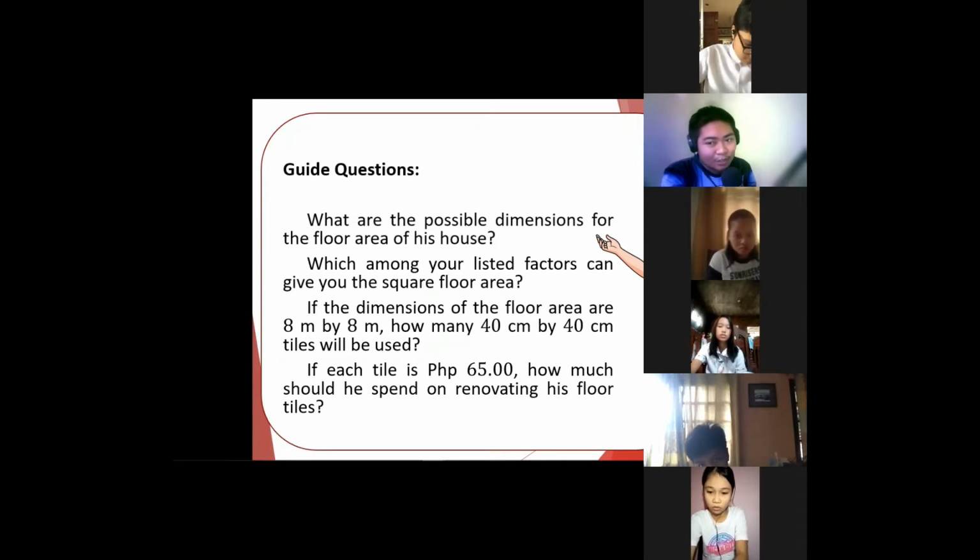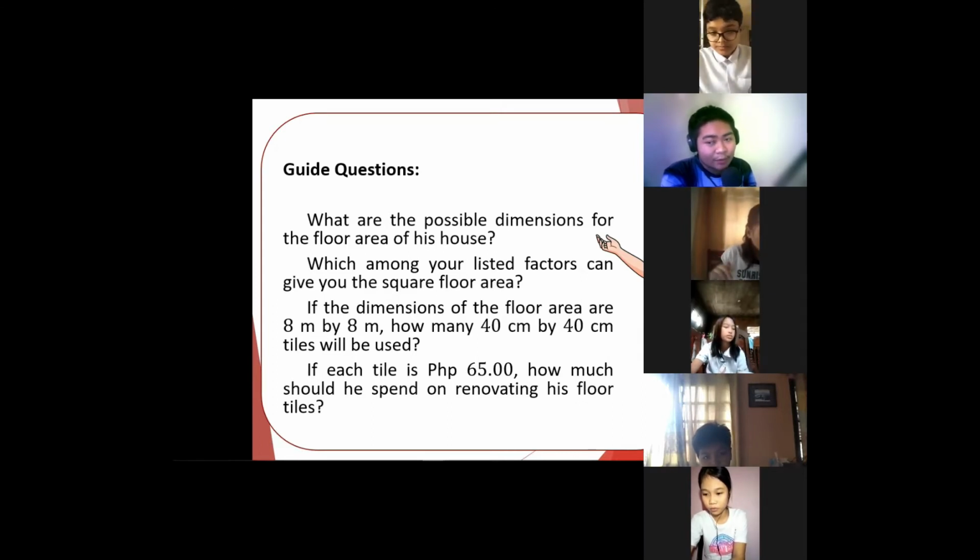If each tile is 65 pesos, how much should he spend on renovating his floor tiles? And if the dimensions of the floor area are 8 meters by 8 meters, how many 40 centimeter by 40 centimeter tiles will be used?